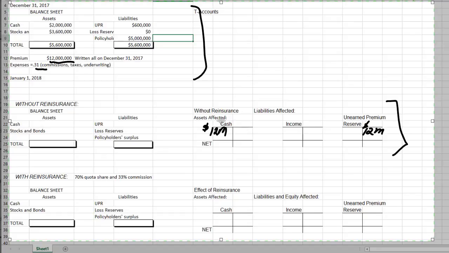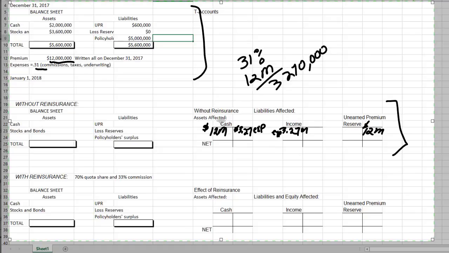And then for our expenses, 31% of the $12 million equals $3,270,000. So we'll put that as a credit to cash. I'm going to label that expenses, and a debit to income, $3.27 million.